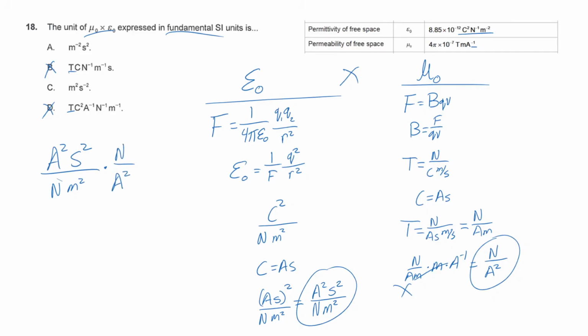So notice that the newtons will cancel, which is why I was saying we don't have to make this substitution. So the newtons cancel, and the amperes will cancel, leaving us with s squared divided by m squared, which you can also write as answer choice A. So that verifies our answer as answer choice A. And there we go.